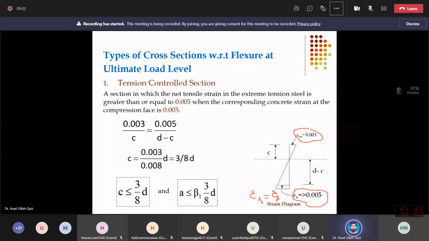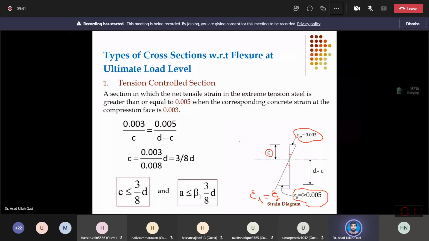So if I draw a strain diagram corresponding to this condition, that 0.003 versus 0.005 as shown on right hand side, I can write from similar triangles this equation: 0.003 over C is equal to 0.005 over D minus C. And when I simplify, I get a very useful expression that neutral axis depth will be then 3/8 of the effective depth of the cross section.